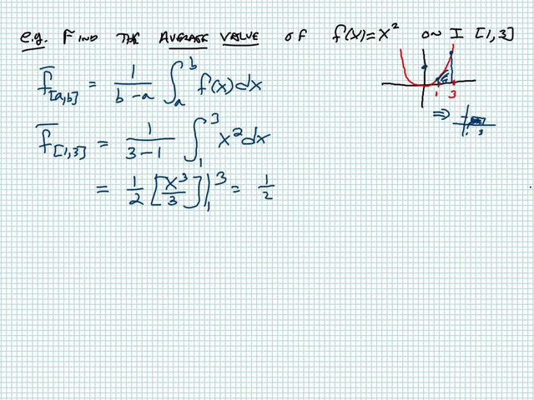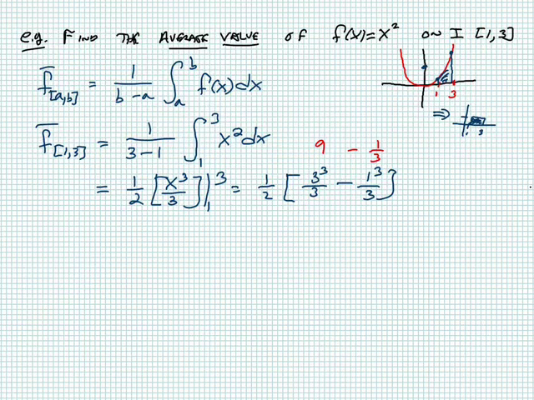So this is 1/2. And you can factor out that 1/3, but I'm just going to leave it in. So I've got 1/2, and then I've got 3 cubed over 3 minus 1 cubed over 3. And then 3 cubed over 3 is just 3 squared, so that's 9 minus 1/3. And so that's 27 thirds minus 1/3, so that's 26 thirds.